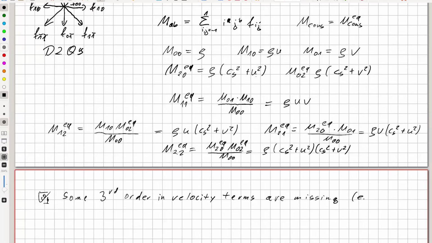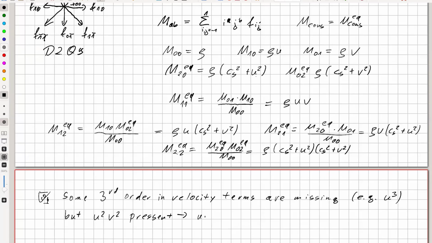So we'll not have any u cube. We have u squared times v, and we have v squared times u, but we don't have u cube in this. But we have terms of higher order, u square, v square. This is present.